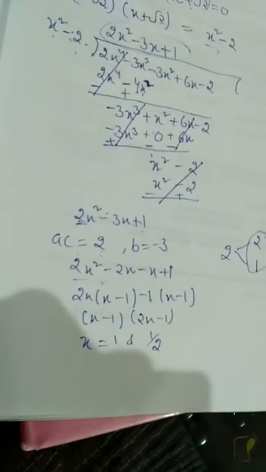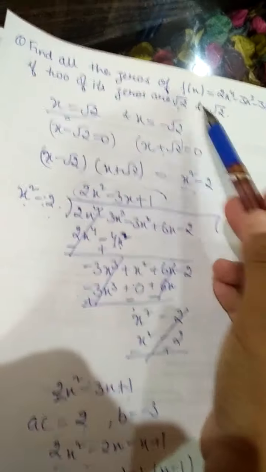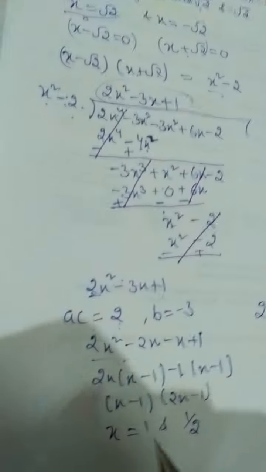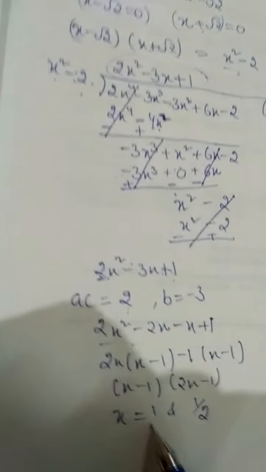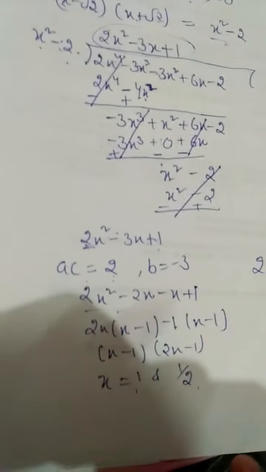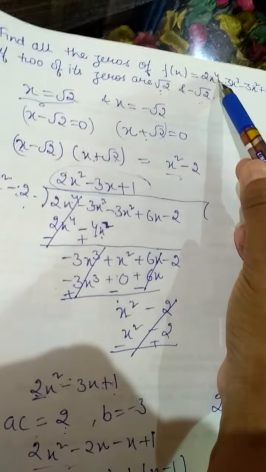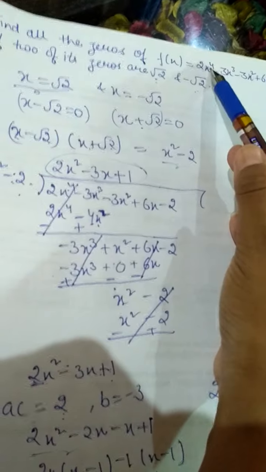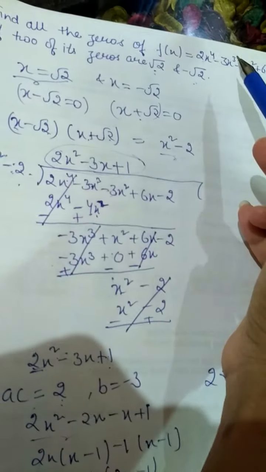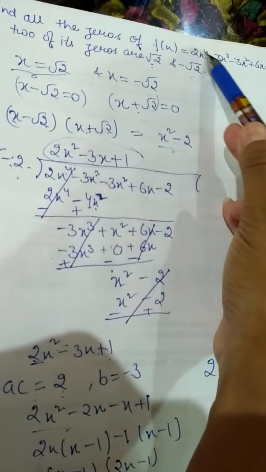So earlier we had x equal to root 2 and minus root 2, and now we have x equal to 1 and half. So all the zeros of x, because here I told you that it is a biquadratic equation. In a biquadratic equation we should have as many values of x as the highest degree.